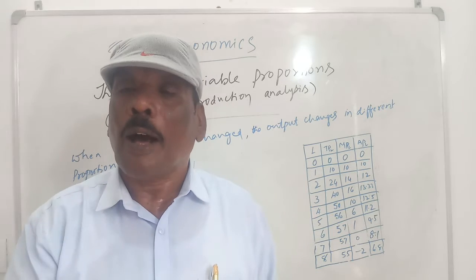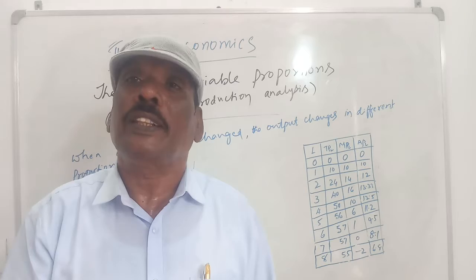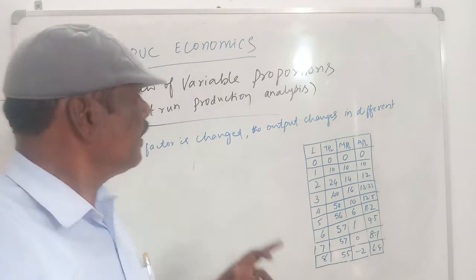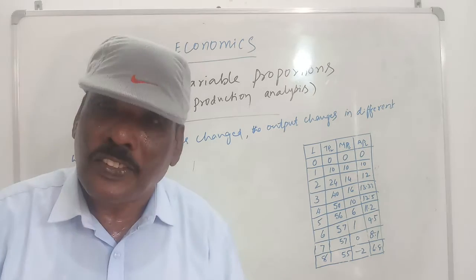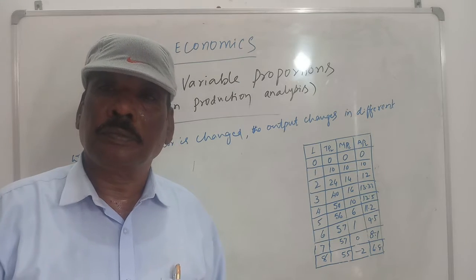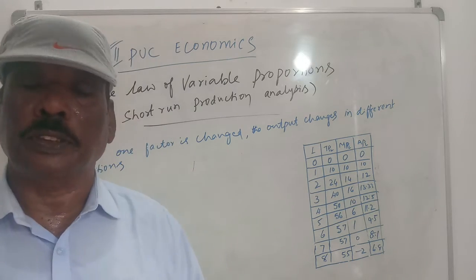So the law of variable proportions is concerned with the short run period, and it is a short run production analysis. To analyze the short run production, we take up this law, the law of variable proportions.